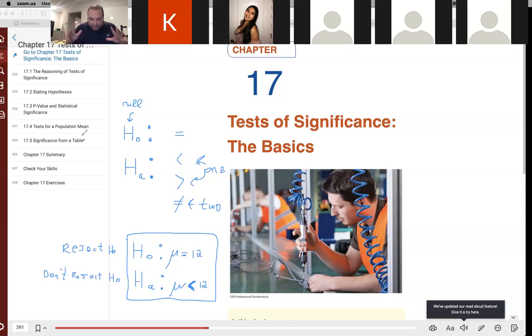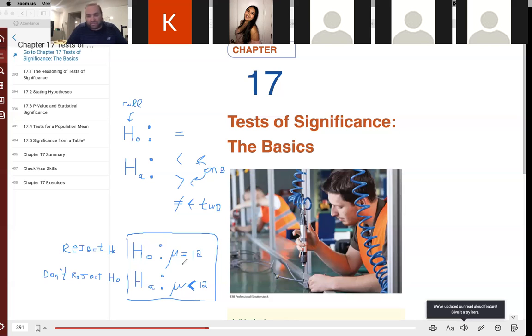Okay, so I'm trying to build up to it. The point is that there is some number that on one side of that number we say, yeah, I'm going to reject the null hypothesis. And on the other side of that number, we say, no, I'm not going to reject the null hypothesis.